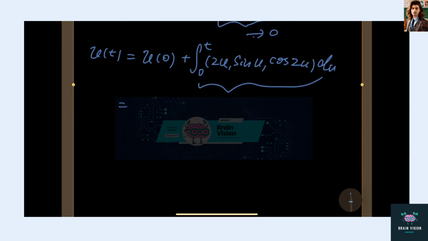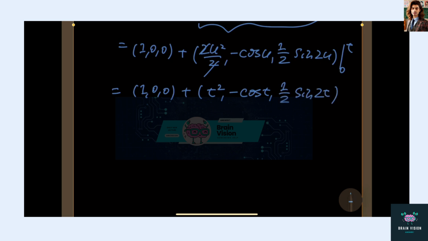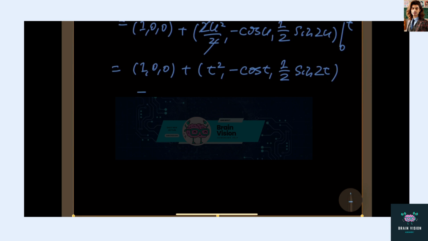So we have the initial velocity as 1, 0, 0 plus, and then take the integral component wise and get 2u squared over 2, minus cosine of u, and then 1 over 2 times sine of 2u, from 0 to t, which equals 1, 0, 0 plus, you can eliminate this, t squared, minus cosine of t, 1 over 2 sine of 2t, minus 0, negative 1, and 0.